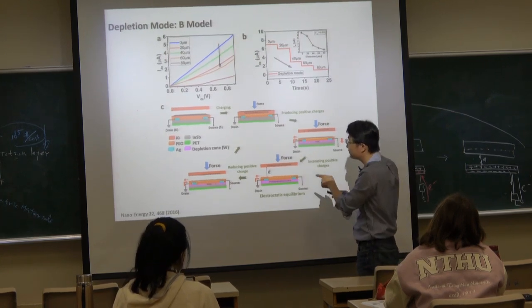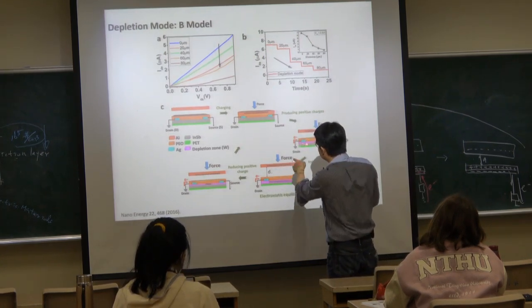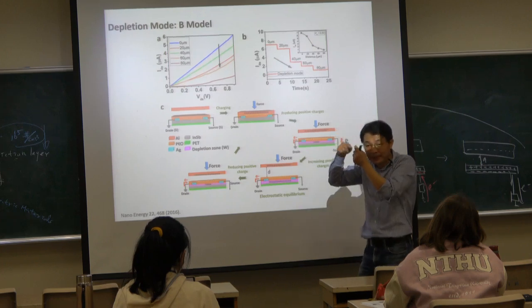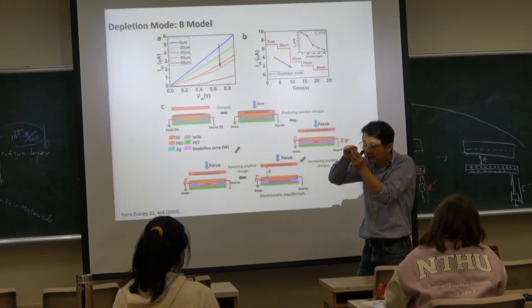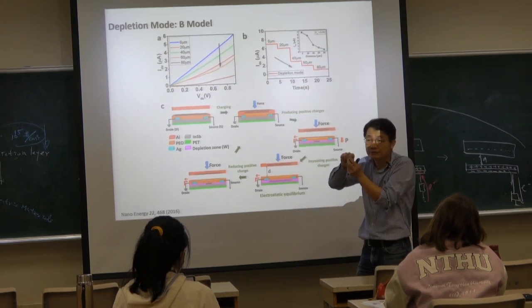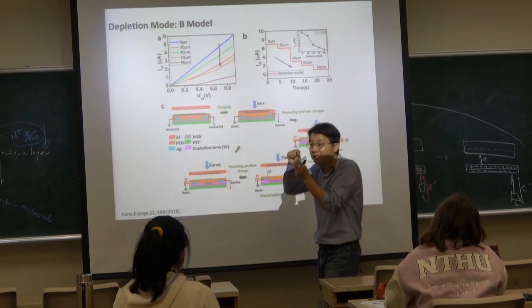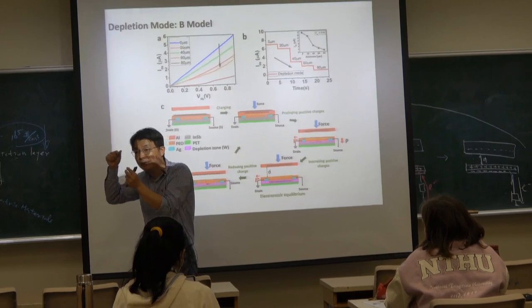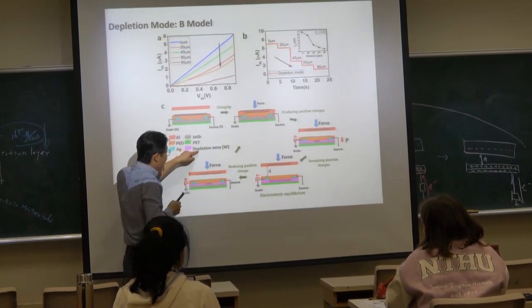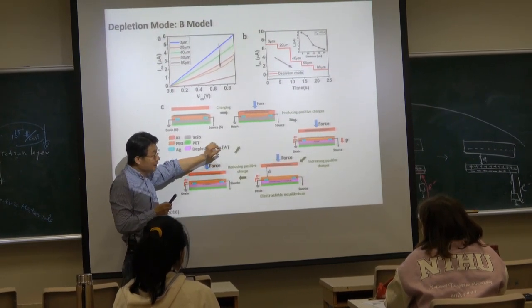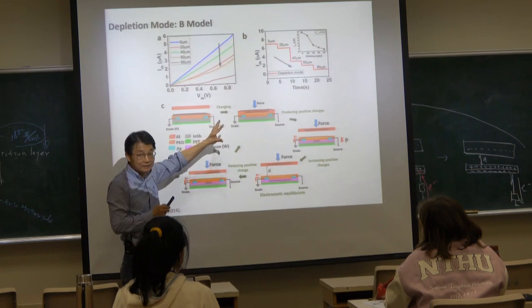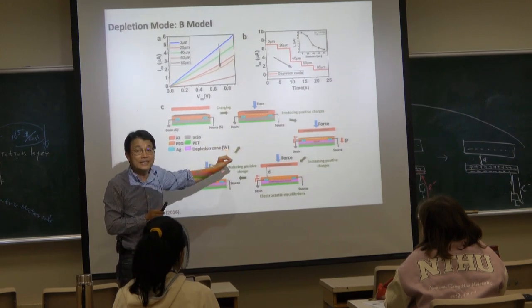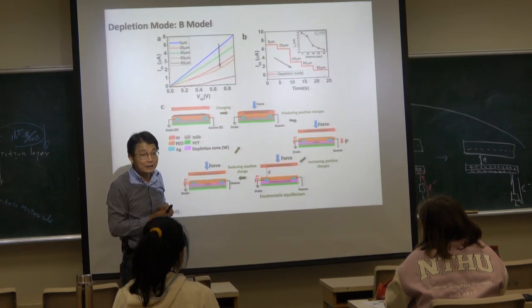So now the pink color, just imagine, looks like a depletion zone. Imagine the pink color is the depletion zone. Is this depletion zone thicker in InSb or thinner in InSb, right?